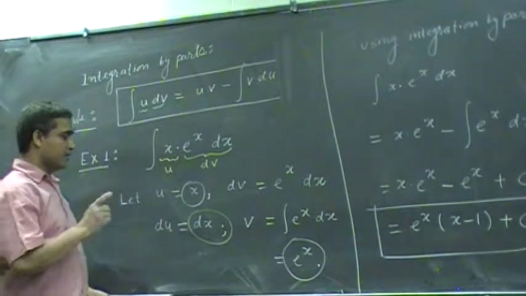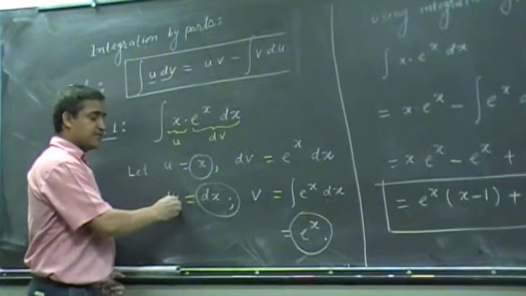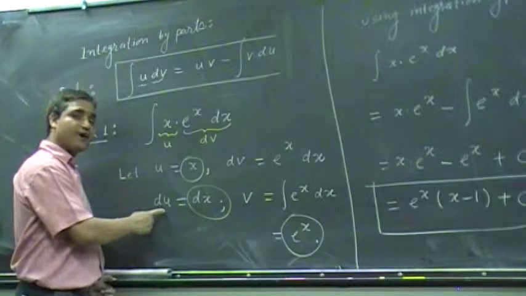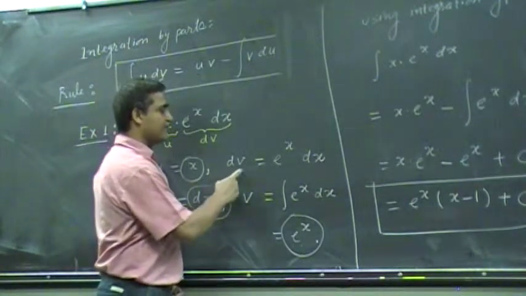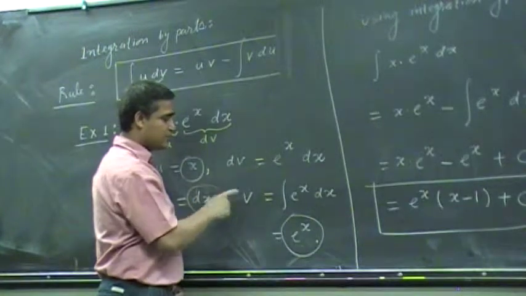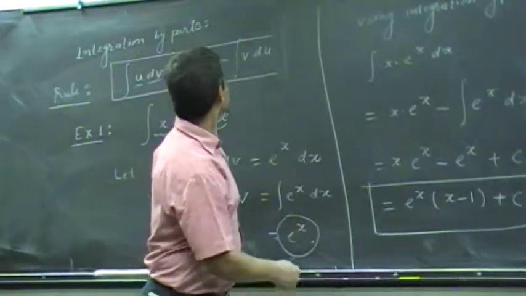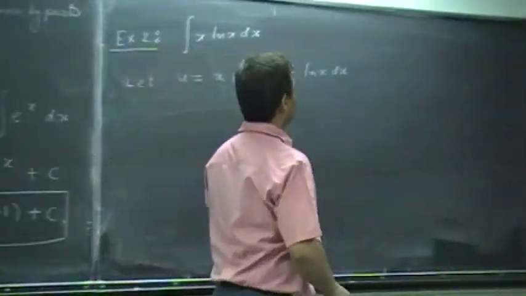So it's very clear that u must be easily differentiable, because once you have u, you should be able to find du right away. Once you have dv, you should be able to find v right away. Let's note that here.